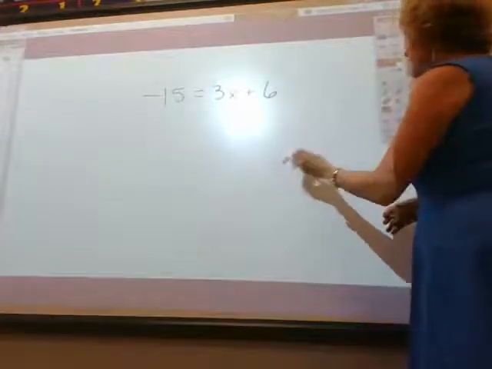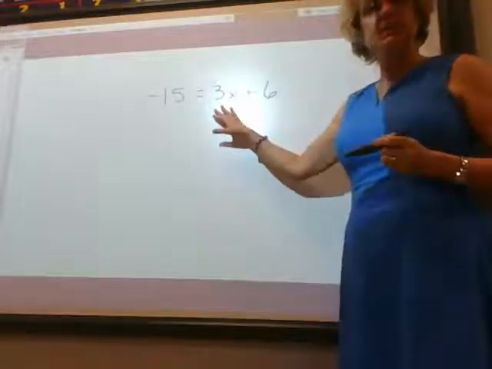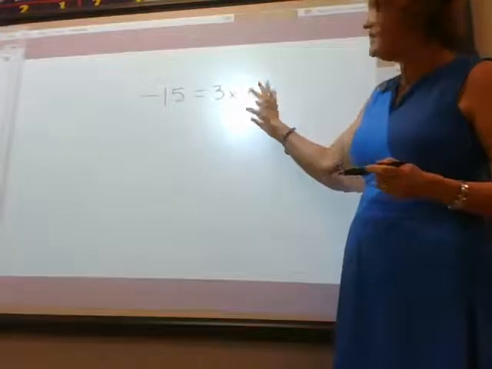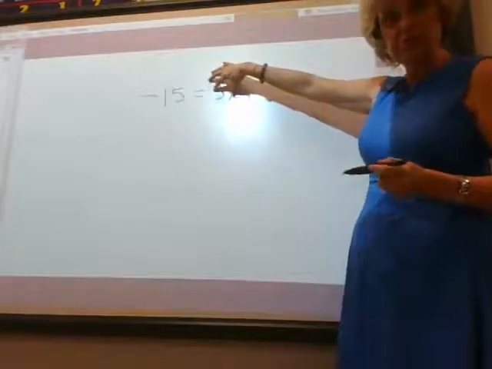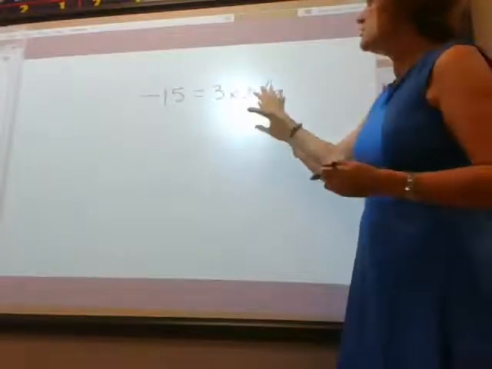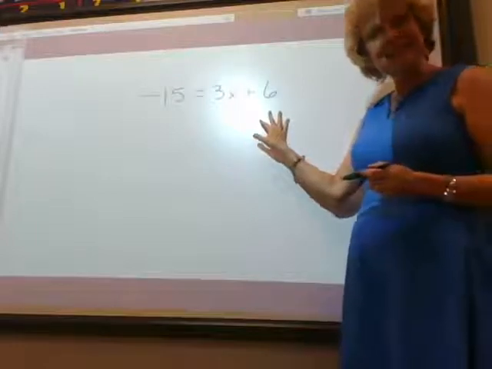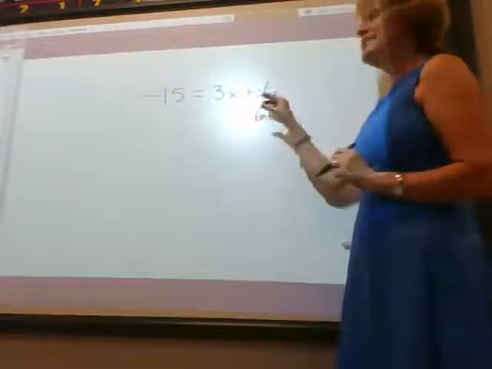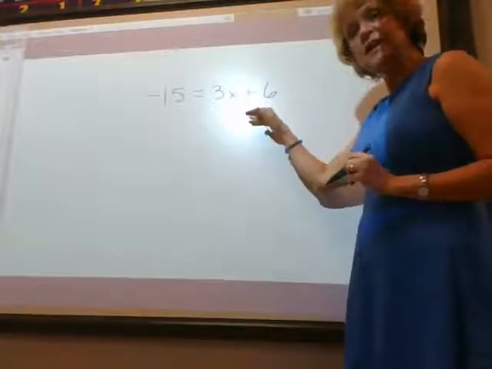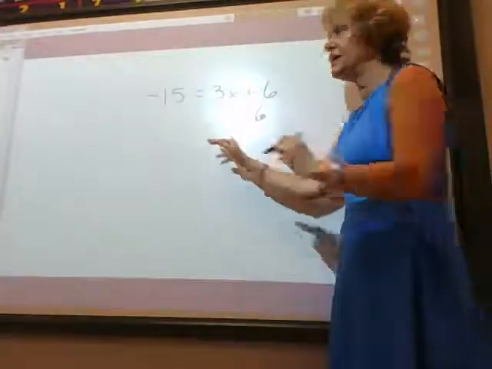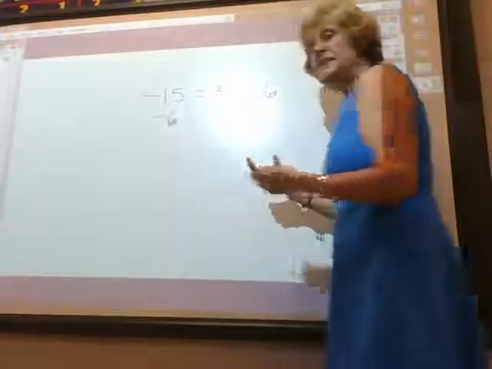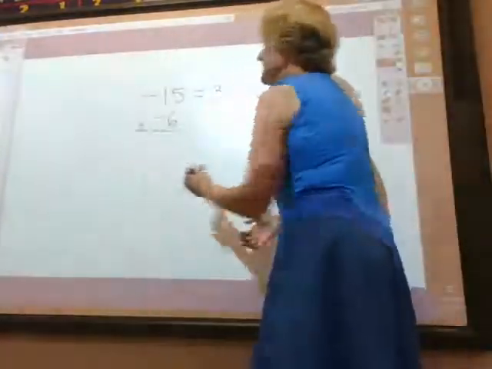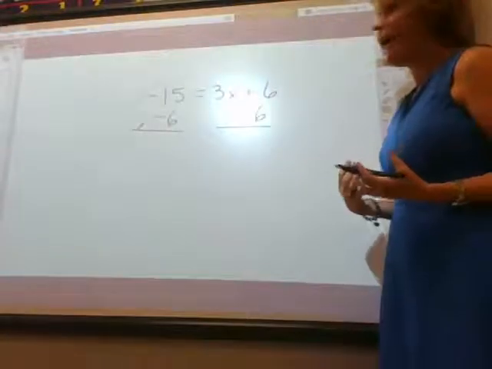All right, so let's go ahead and solve for this x. I would want to get rid of this positive 6. I'd want the x term by itself. So if this is added, I need to subtract it, don't I? And if I subtract from one side, I must do the same thing on the other side to keep it balanced. So let's think column-wise what I have.